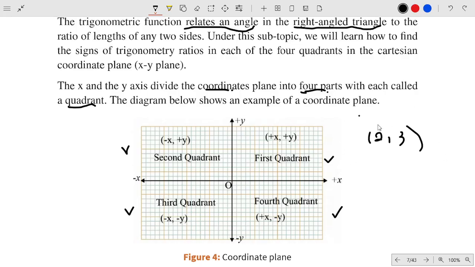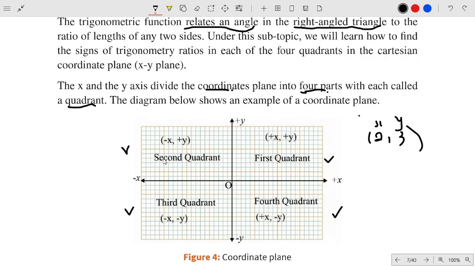Since this is positive and this is also positive, we find it in the first quadrant. So in the first quadrant, we have x being positive and y also being positive.